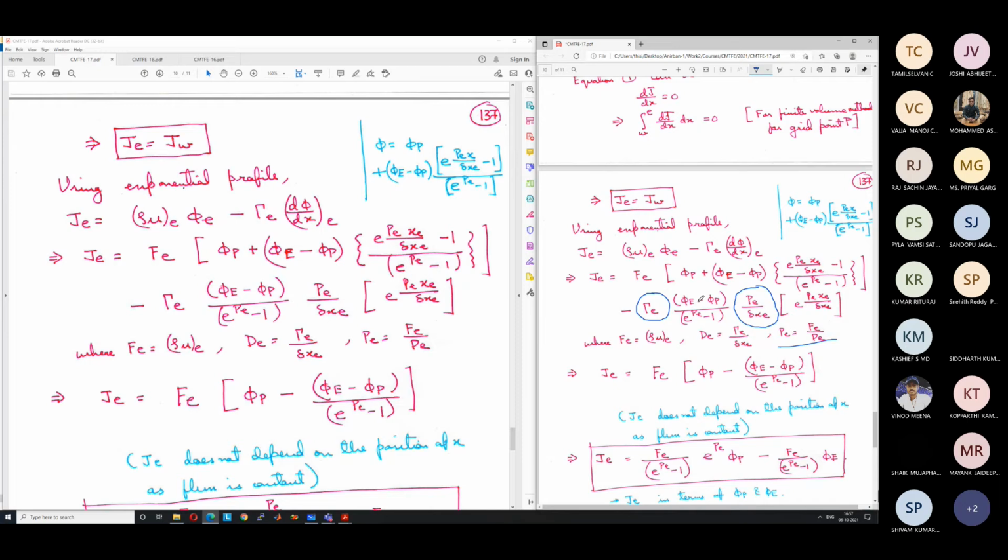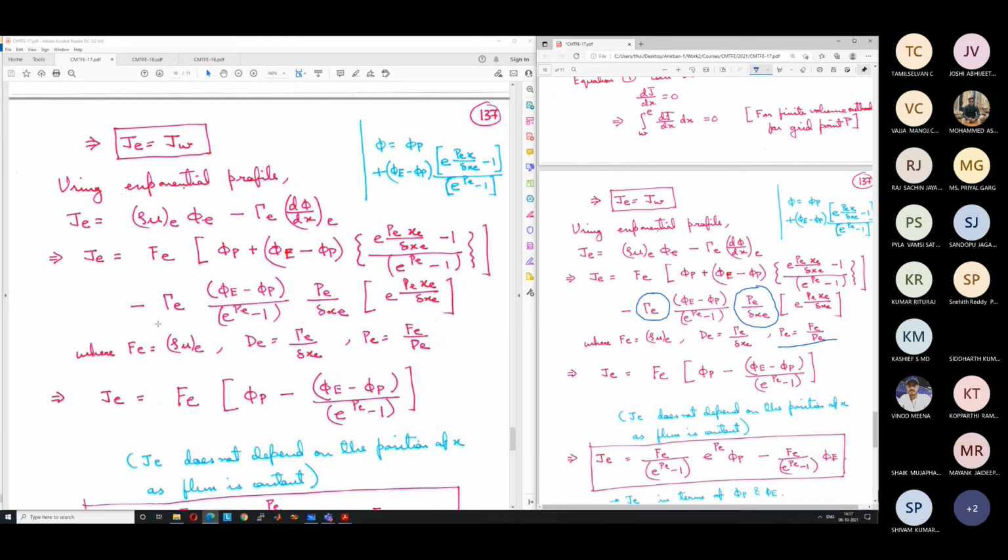So Fe into (phi minus phi p) by (e to the power p minus 1) into e to the power p xc by delta xc. If you take both of these common, this term, phi minus phi p into e to the power p xc by delta xc, will get cancelled with this term.